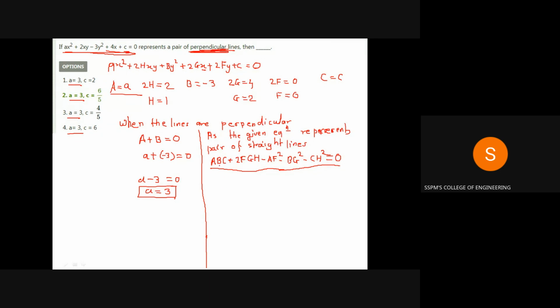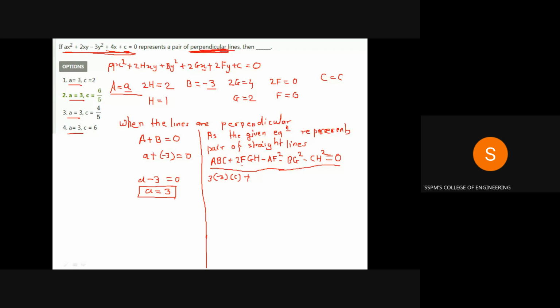First term is ABC. Value of A is 3, B is minus 3, and C is small c. So we can write 3 into minus 3 into c.